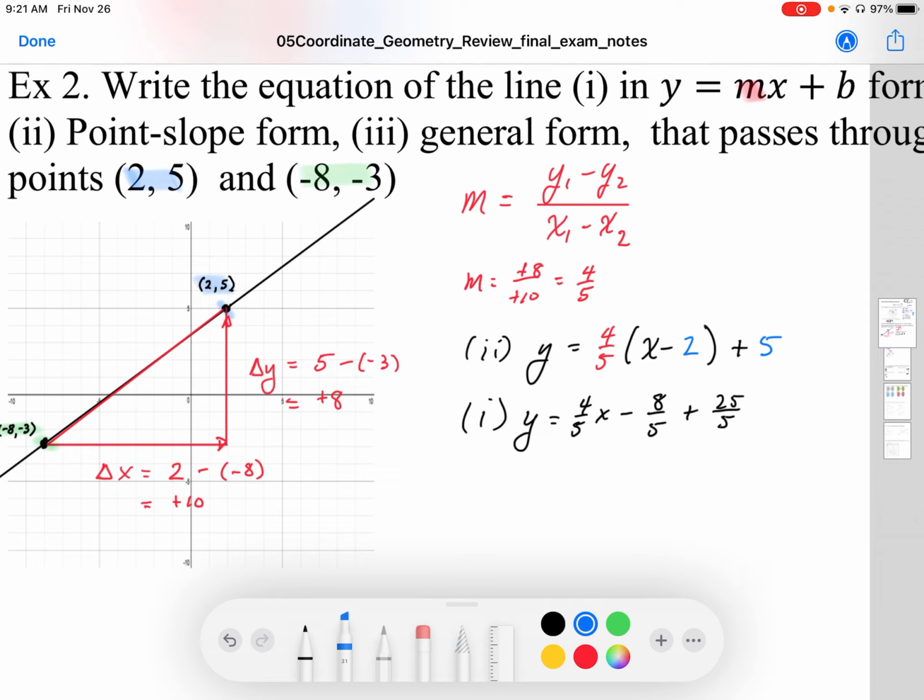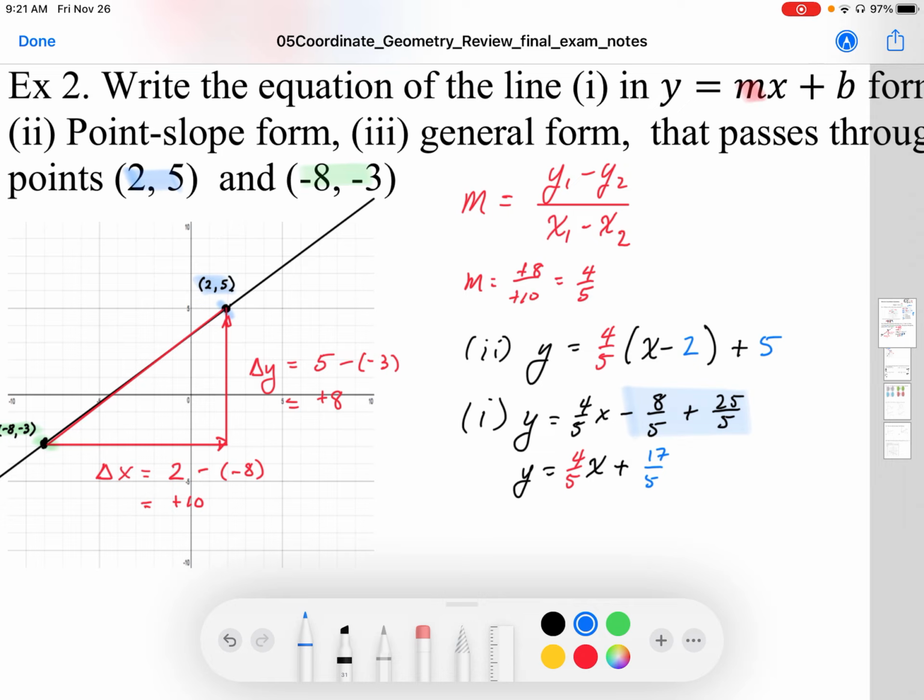I'm going to combine these like terms, and when I do that, I have my y equals mx plus b form. So I have my slope, 4/5, and when I combine my like terms, I end up with a y-intercept of 17/5.